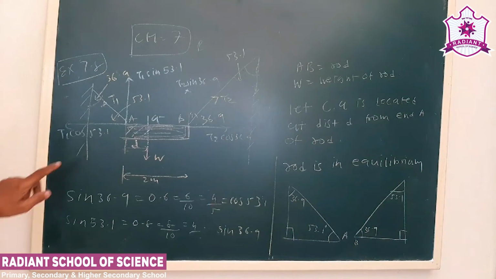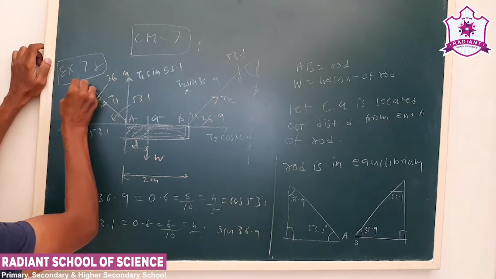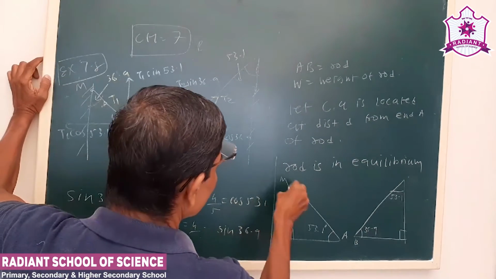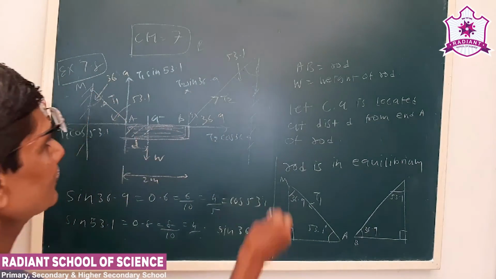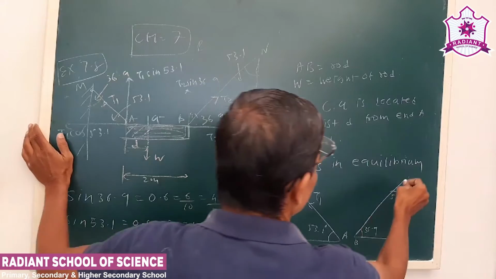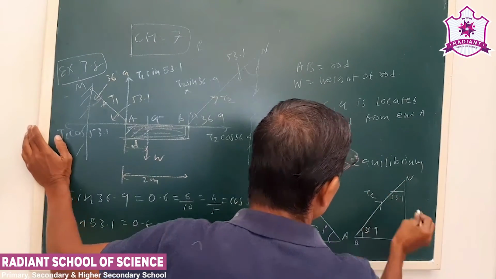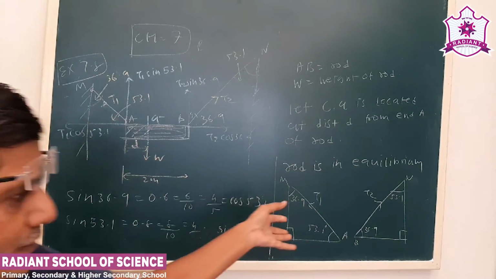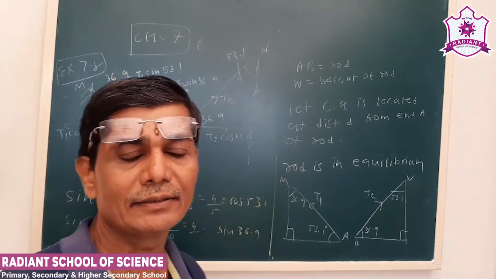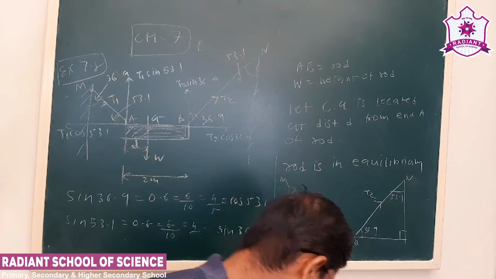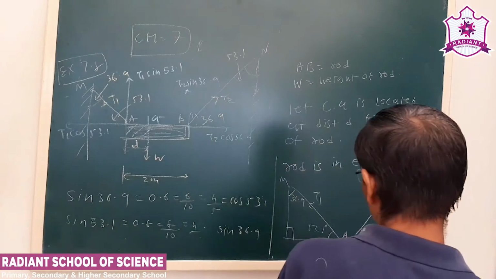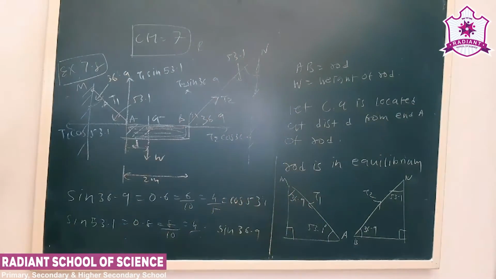Now see, in the AM end, let us say, tension we call as T1 that I have shown here. And this is BN I am showing. Let us say tension is T2. Okay, if we consider these two triangles, keep in mind, then our work will be easy. Now, see, this is the geometry of the figure, we have to understand well.